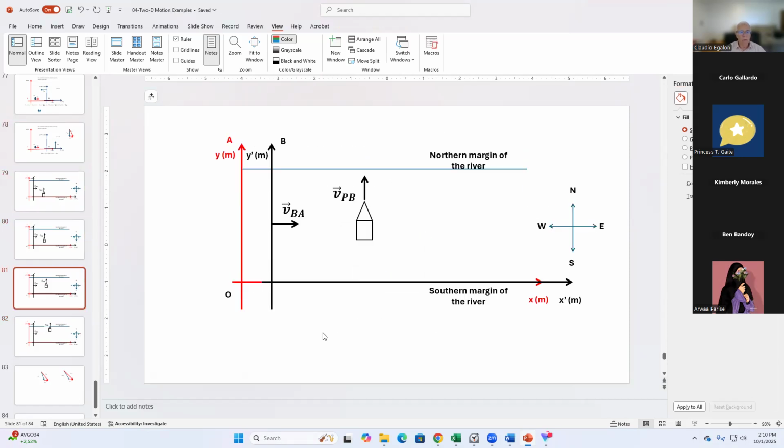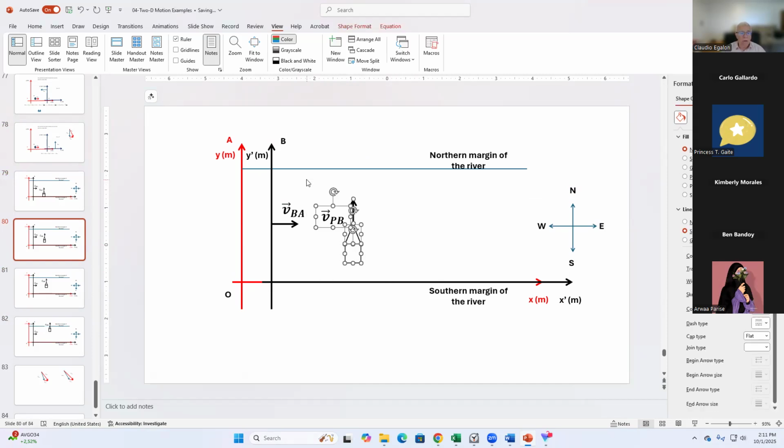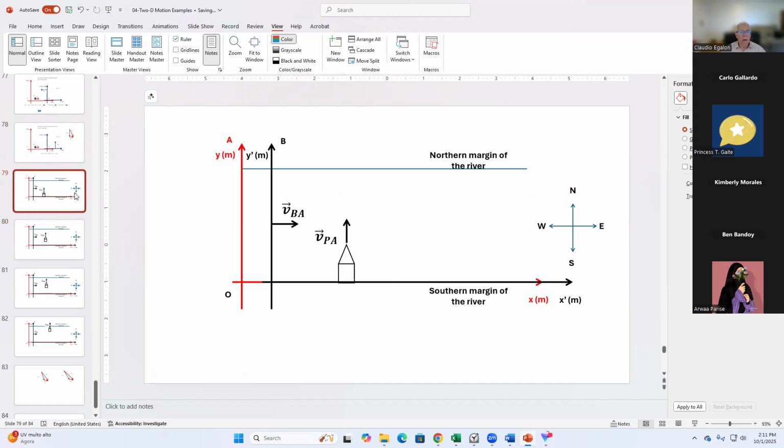I have to make this one a little bit more to the right, otherwise it's going to feel a little wimpy. That's what happens whenever you point your boat in the wrong direction.